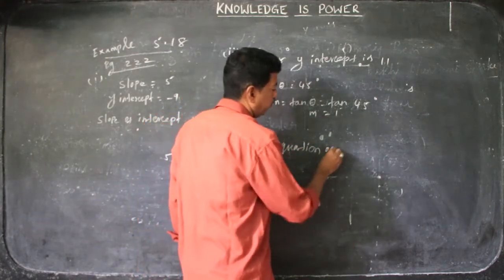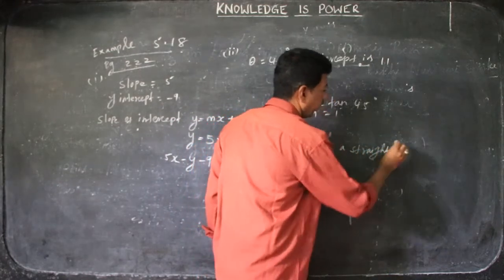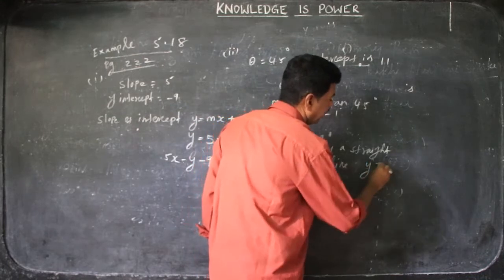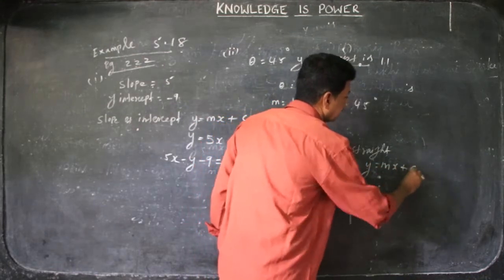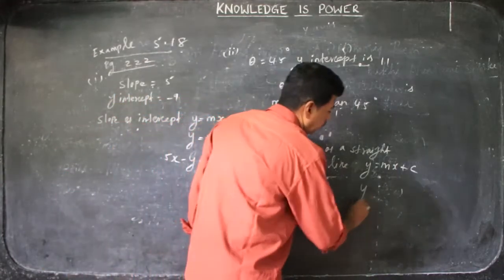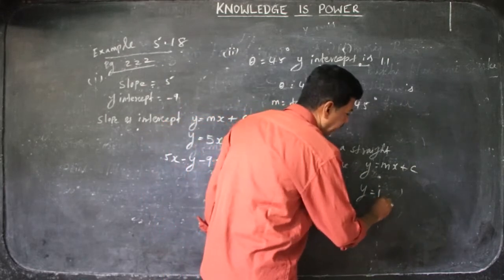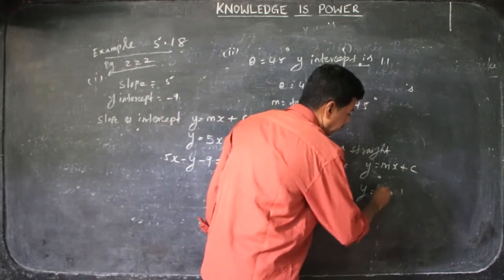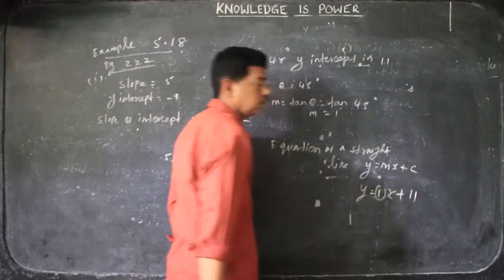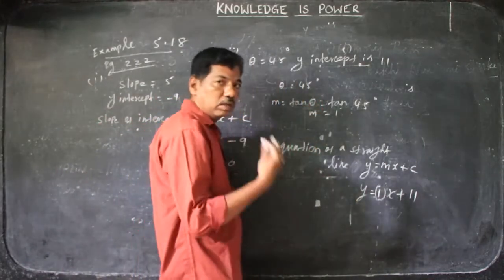Equation of a straight line, that is y equals mx plus c. What is m? 1 into x plus 11. 1 into x is x.